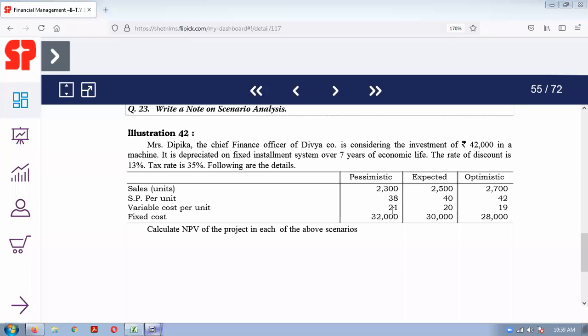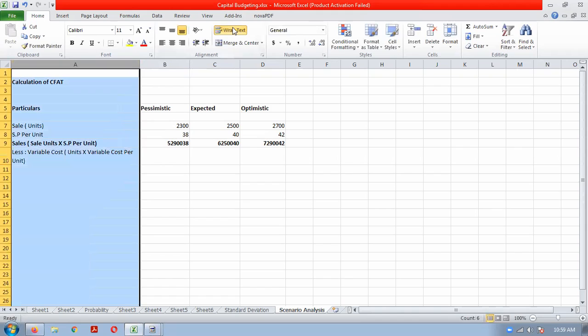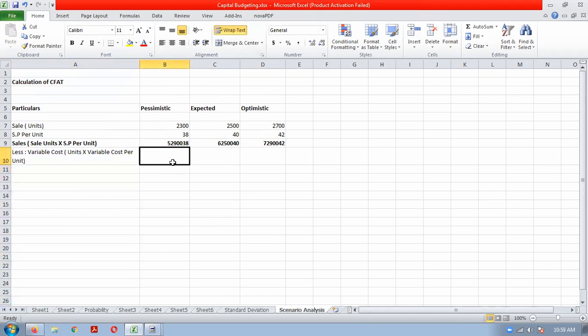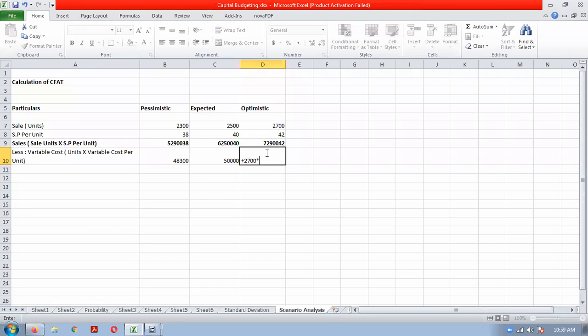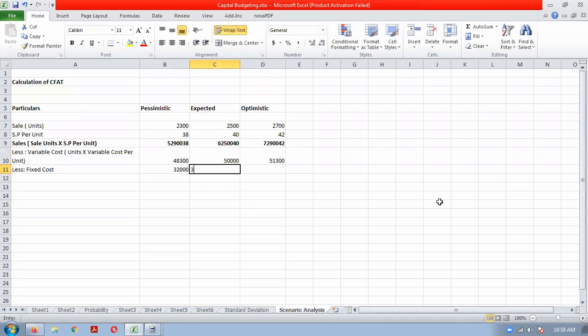See, 2,300 into 21, 2,500 into 20, 2,700 into 19.